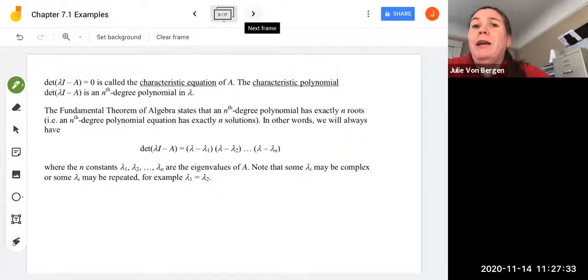So the determinant of lambda I minus A equals 0 is what's known as the characteristic equation of A.